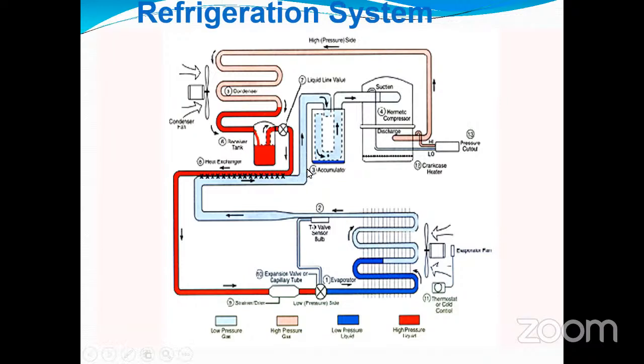So the hermetic compressor is used since it is a smaller unit, so we are using hermetically sealed compressors. That means everything is closed. We cannot see the compressor and motor. The compressor type is reciprocating compressor, or nowadays scroll compressors are in use.